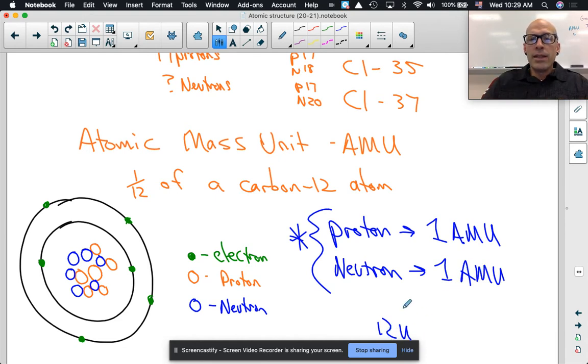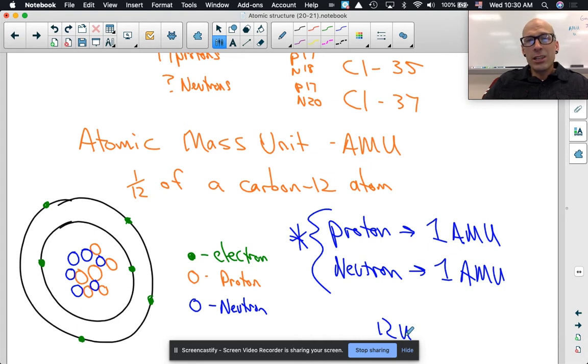And then the unit symbol for an AMU is a lowercase u. So if you're told that an atom has a mass of 55 u with the lowercase u, that means 55 atomic mass units.